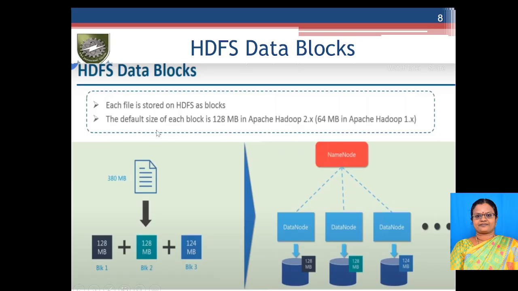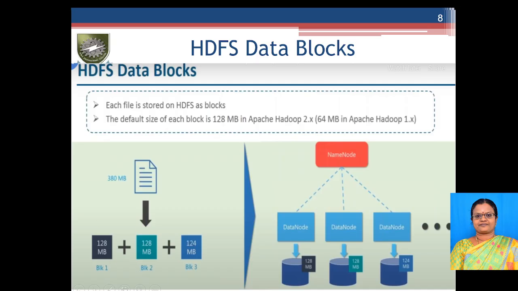The default size of each block is 128 MB in Hadoop 2.0, whereas previously it was 64 MB in Hadoop 1.0. Suppose I have a file whose size is 380 MB. Now the division of blocks is like 128 MB in block 1, that is one slave node.